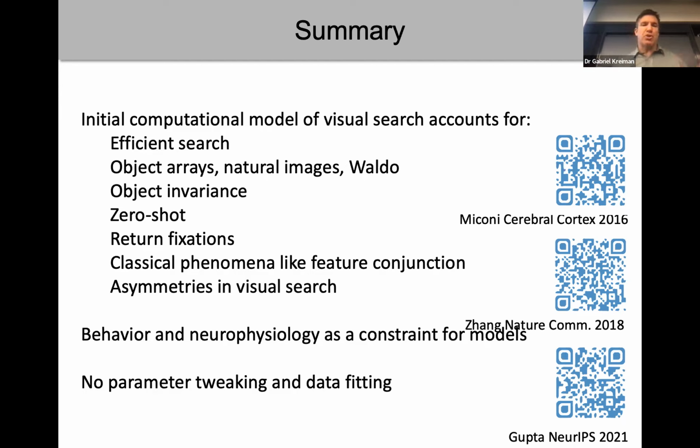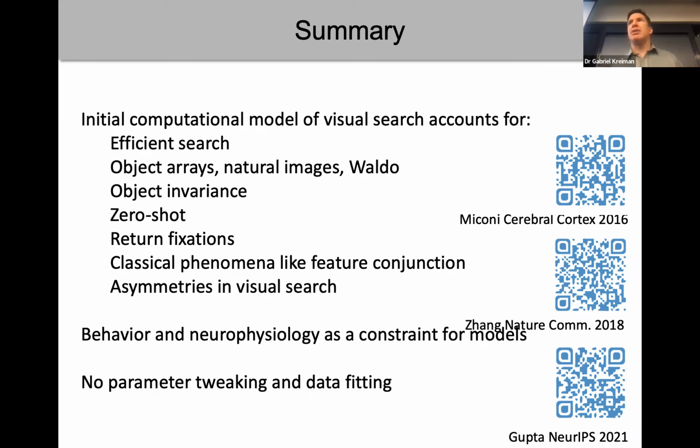There's another phenomenon called feature conjunction that I didn't have time to discuss. More generally, I'd like to insist that we can use basic aspects of behavior and neurophysiology as a constraint to build models. And also the fact that we can build models that are parameter free, where we're not doing tweaking of parameters and lots of data fitting with millions and millions of examples.